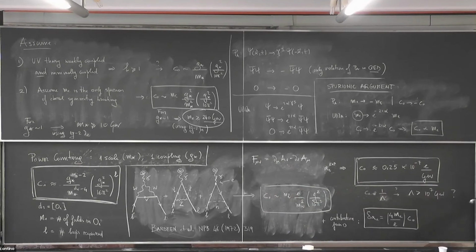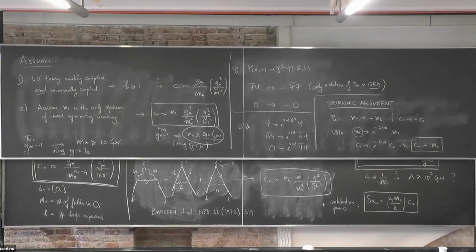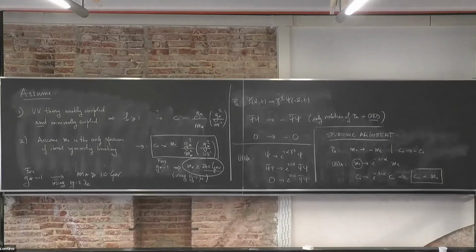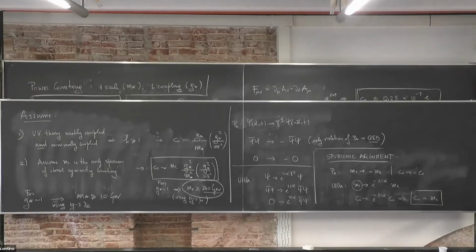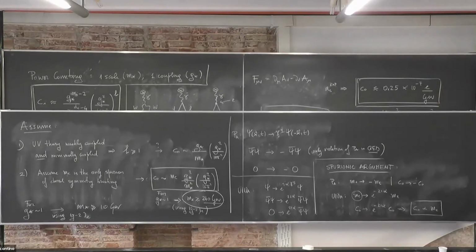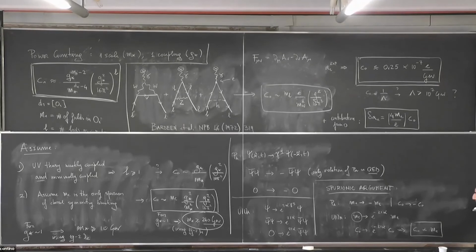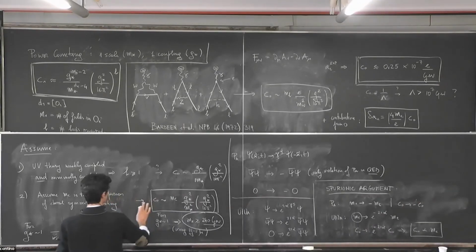Before switching argument, I want to make one last comment, and it has to do with the validity of the effective field theory description. The validity of the effective field theory description is important whenever you don't know the UV theory.